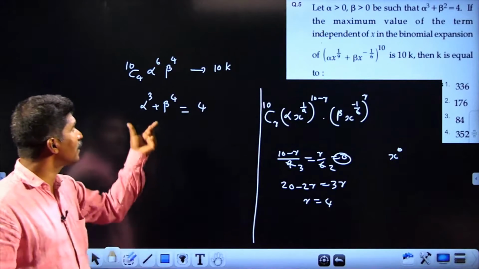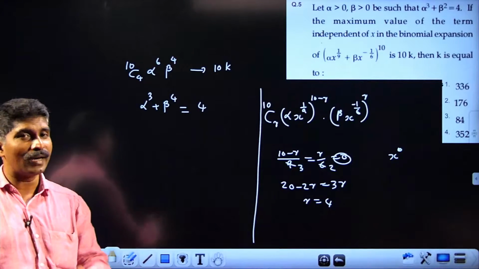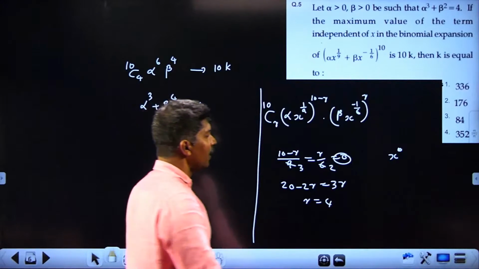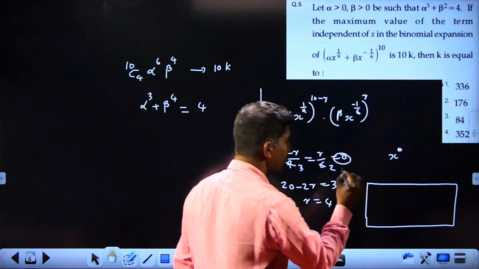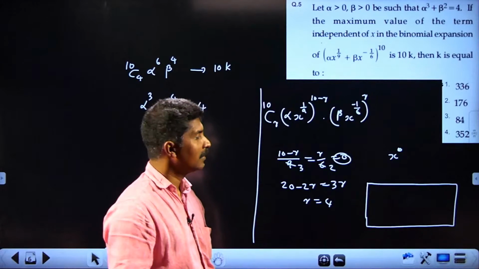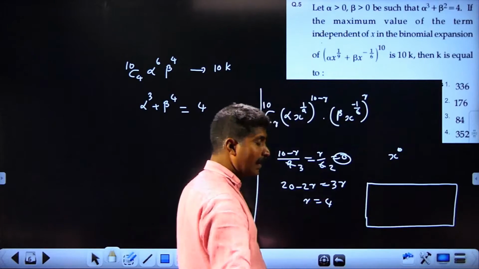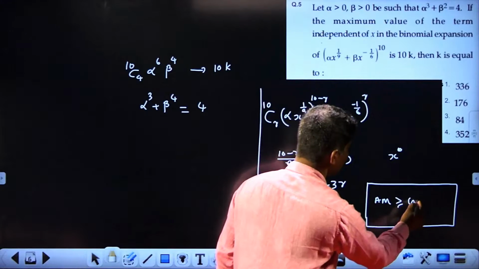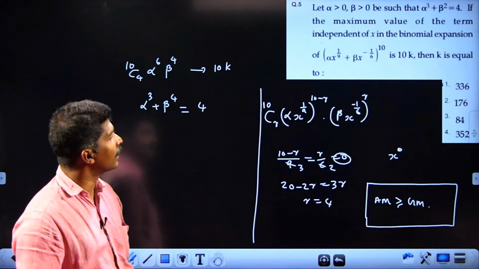If the sum is given and you have to do something with the product, what will you do? The famous inequality, one of the most important inequalities that you have to deal with in any of the JEE Main questions or JEE Advanced questions or any entrance examination. What is that? Arithmetic mean is greater than or equal to geometric mean. Which are the numbers here?